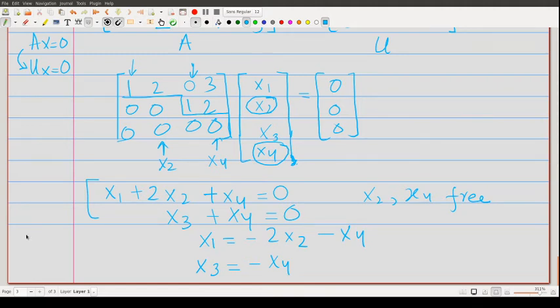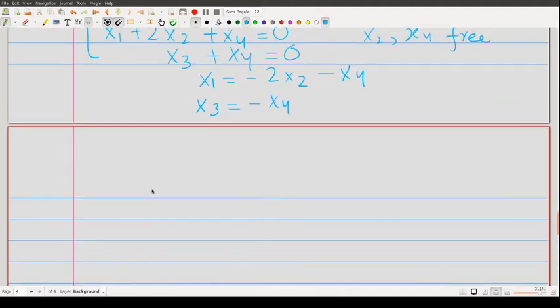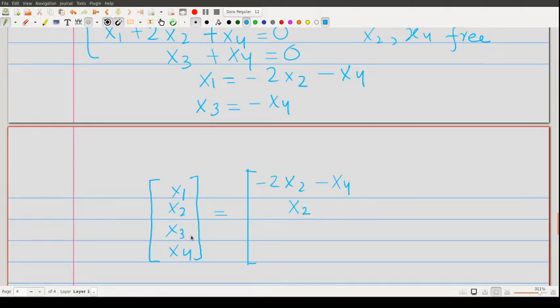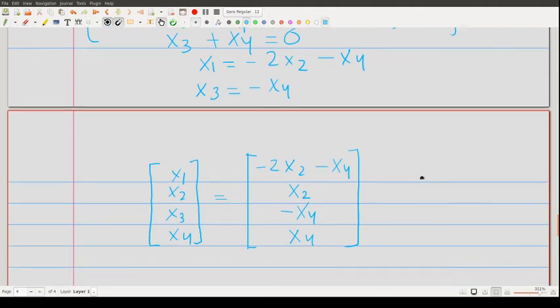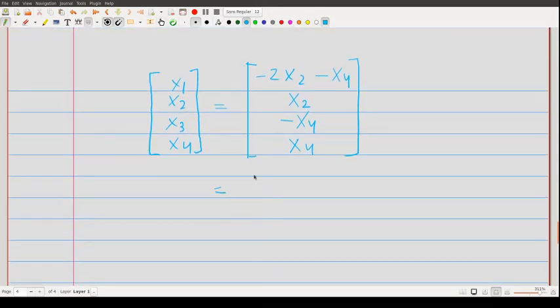And so if I write this down in addition notation, what I get is the solutions of my null space, x1, x2, x3, x4. These are given by x1 is simply minus 2x2 minus x4. Then x2 is free, so I just set it as x2. x3 is minus x4, and x4 is free, I just set it to x4. Now I can rewrite this entire thing as follows.